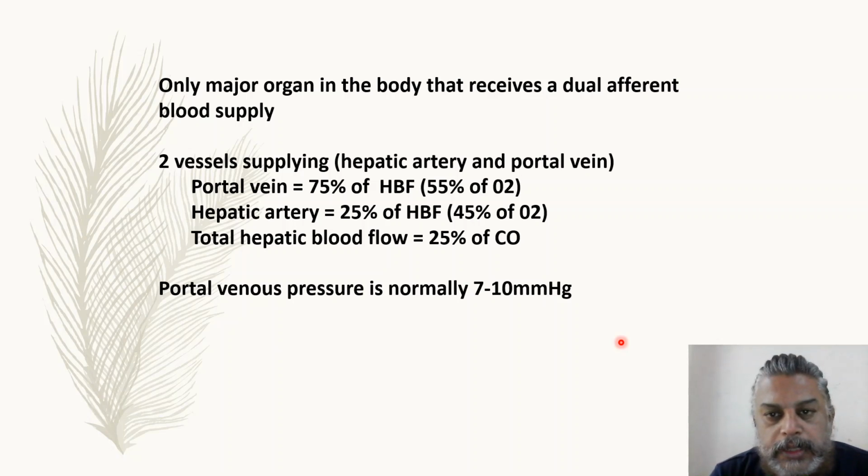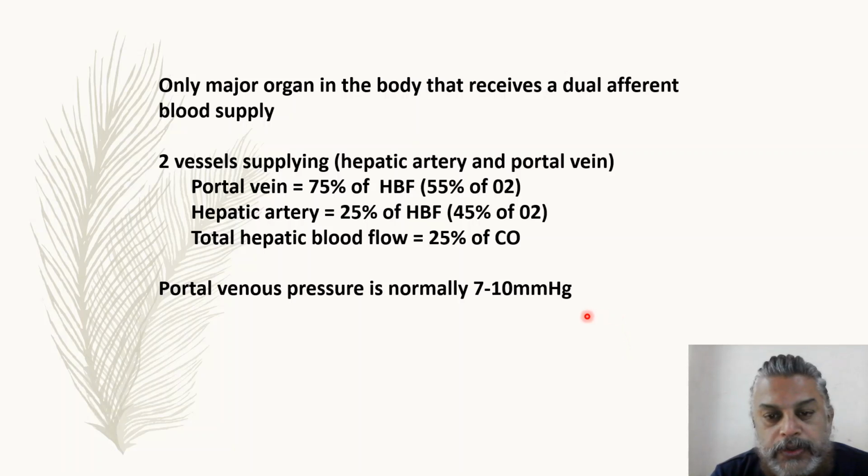As we know that it is an organ which receives the blood from dual supply, that is 75% of the liver blood supply is by the portal vein, and 25% of the liver blood supply is by the hepatic artery. And we also know that almost 25% of the cardiac output is going to liver only.